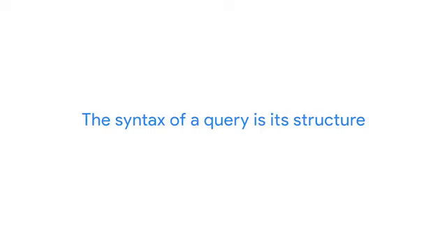Just like spreadsheet formulas, there's a few different ways to perform calculations using queries. Let's look at the syntax for one possible query. The syntax of a query is its structure. It should include all the specific details of the data you want to pull into a new table, and where those details should be placed.